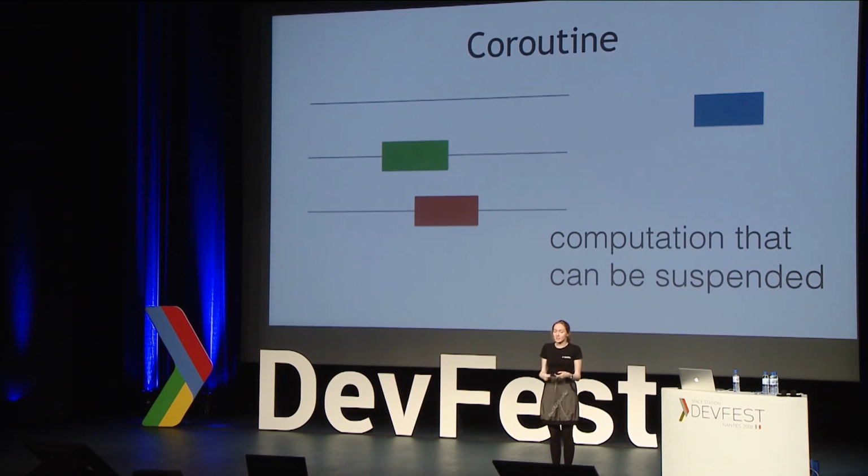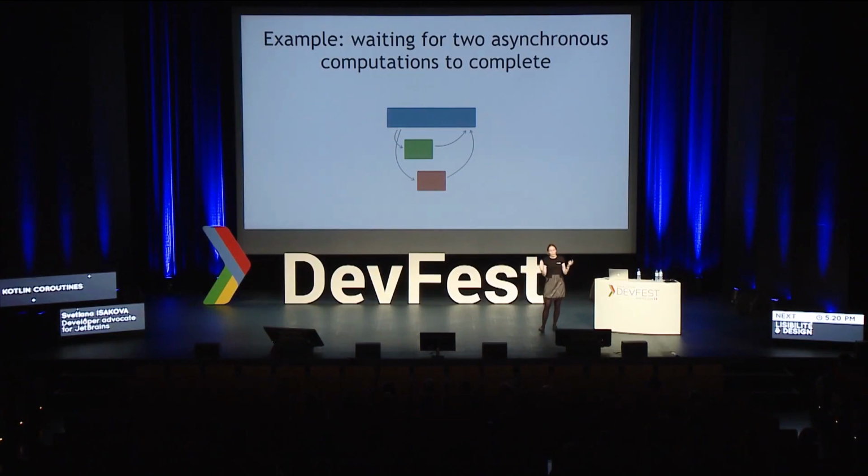The question is, why do we need to suspend a computation? Why do we need to suspend a coroutine? And the answer is, even from this picture, you can see that when we suspend it, our thread is free. It can be busy with something else. For another example, let's consider a situation when you start two asynchronous computations from a main one, and you need to wait for the result.